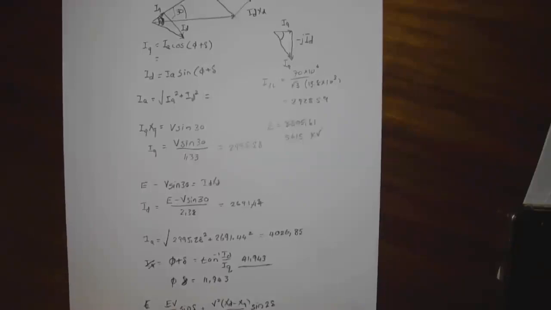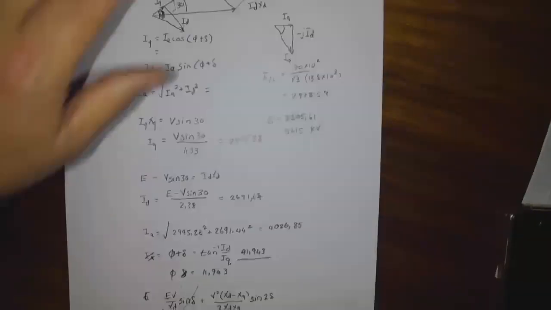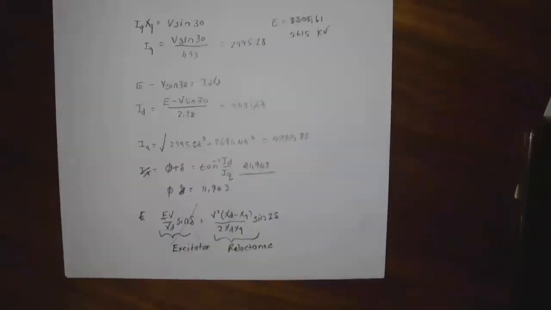This is your excitation voltage, EV over XD, and this is your reluctance power. If your excitation is switched off, the only thing that remains is that reluctance power.